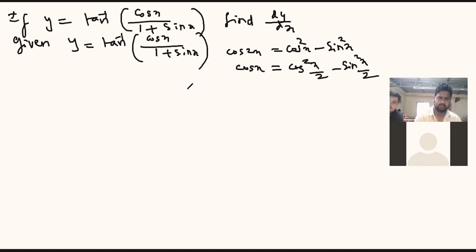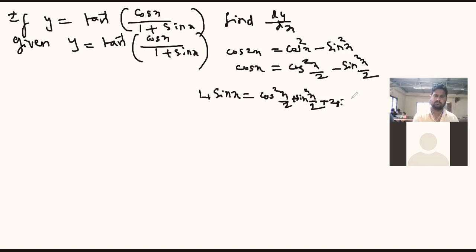So now like this, we can create the formula for 1 plus sin x. 1 plus sin x: we can use 1 is equal to cos square x by 2 plus sin square x by 2, and sin x is equal to 2 sin x by 2 into cos x by 2.